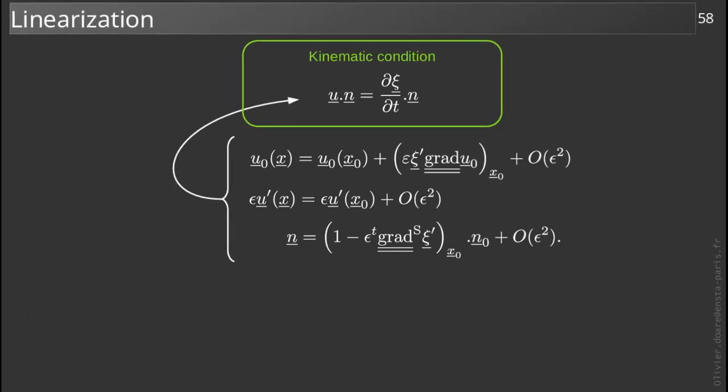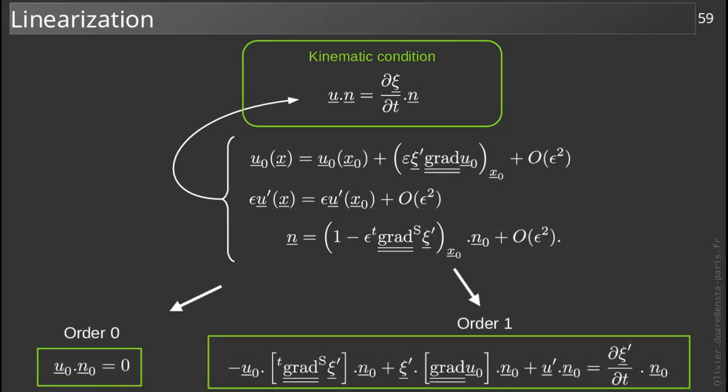It only remains to introduce all these developments in the kinematic condition and to retain only the terms of order 0 and 1. At order 0, we obtain the standard boundary condition of fluid mechanics with zero velocity at the wall, which is logical, since order 0 describes the stationary state for the fluid and the solid. At order 1, we obtain several new terms that involve the stationary velocity field u naught, which was not present in the case of the fluid at rest.